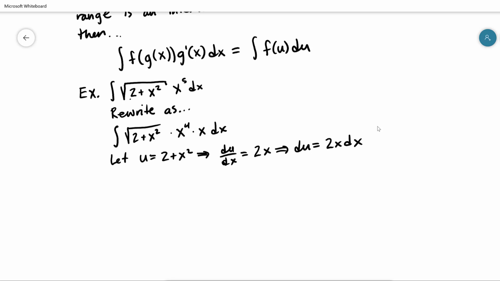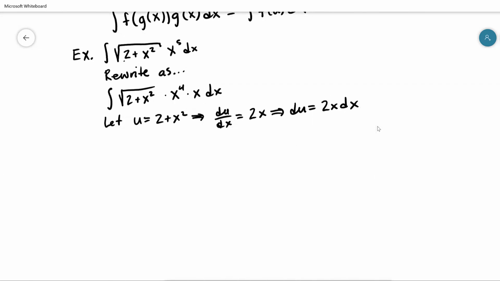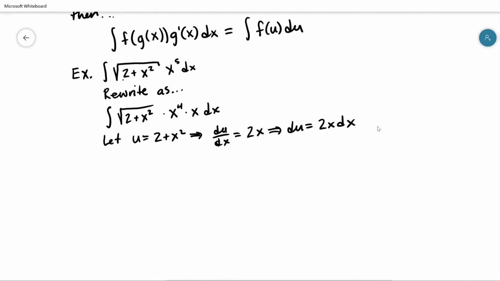So let me make sure I've got all the pieces that we've got here. This piece is going to be easy, so let's see what we've got. So we've got the integral of the square root of 2 plus x squared, but that's just u, so that's the square root of u.